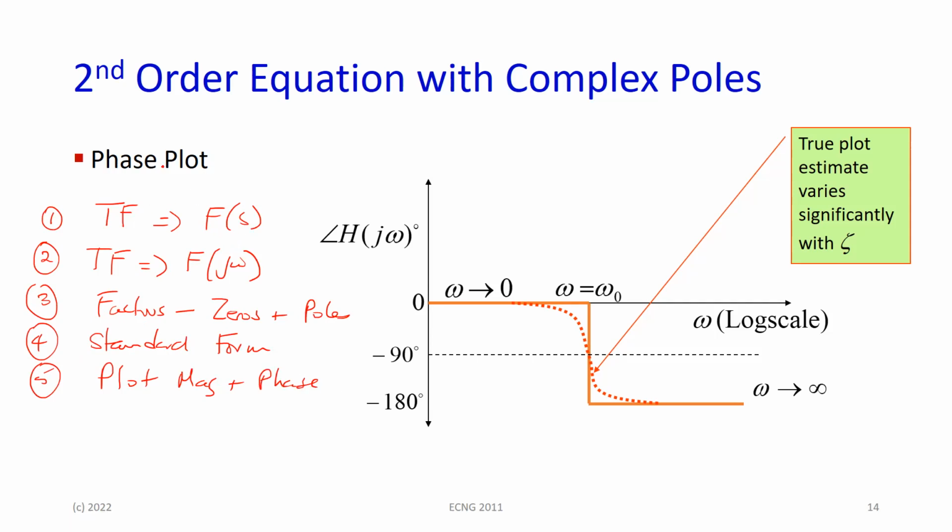If, when you are getting the poles and zeros, you get complex poles, you need to look at the damping zeta, and from that you need to get the resonant frequency omega r.